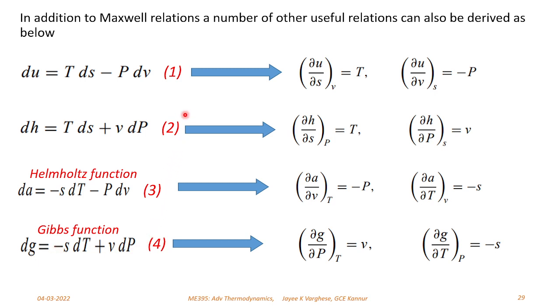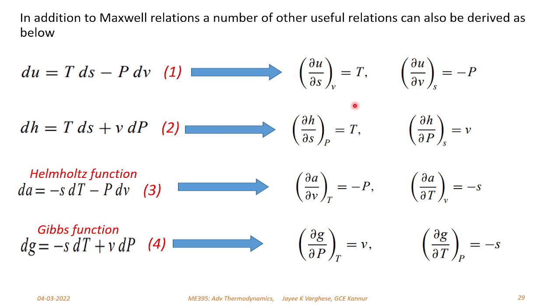These four relations we generally use to derive the Maxwell's relations, and in addition to Maxwell's relations, we can also get these property relations. This will also be made use of conveniently for getting other property relations.